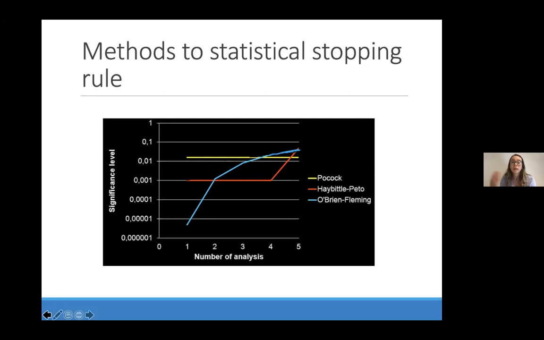I can look into it more calmly, and if we have time, we can come back at the end. They would use the Bayesian theorem to calculate the alpha spending function. I know this does not answer your question, but that's what I have. Is that okay? Yeah. Thank you. You're welcome.